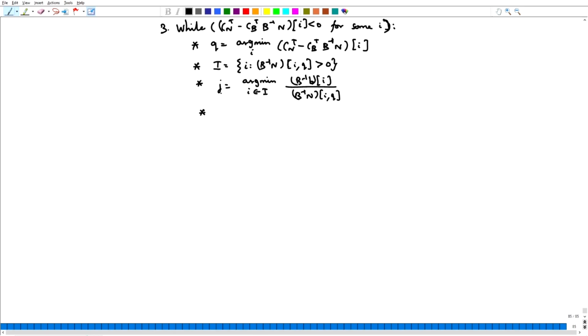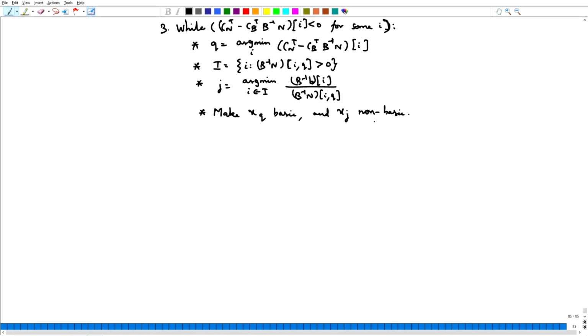Now that you have got q and j, make x_q basic and x_j non basic. So, x_q was a non basic variable, it has now been made a basic variable. x_j was a basic variable, it has now been made a non basic variable.